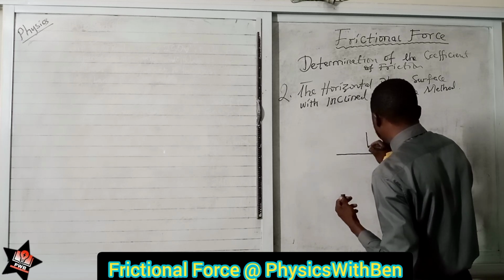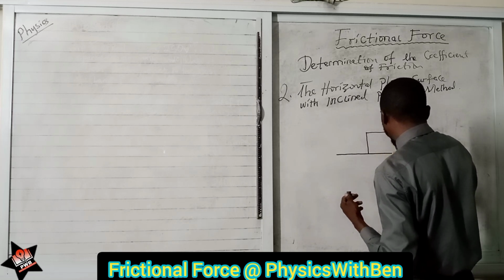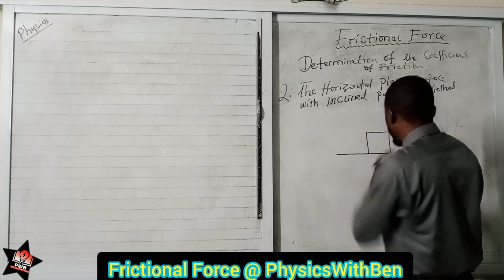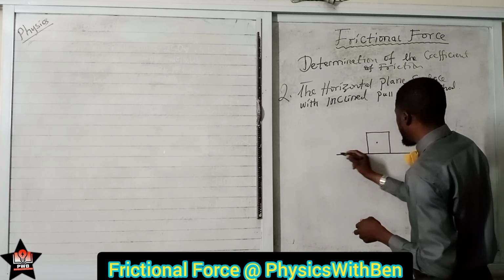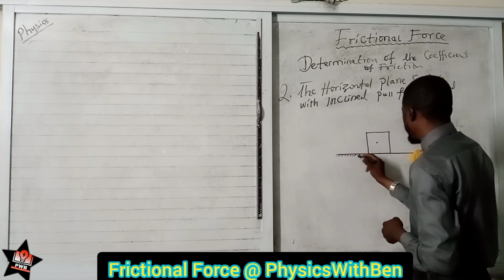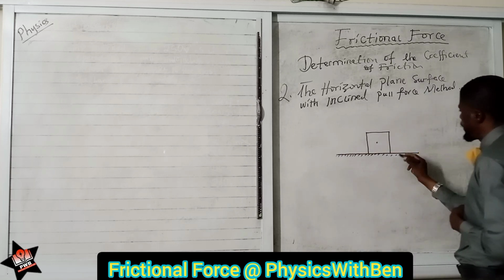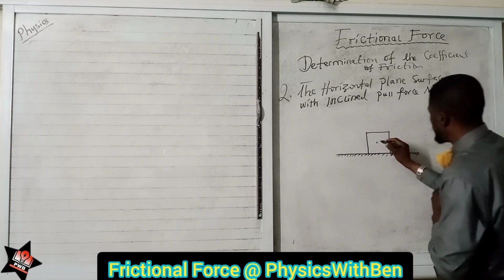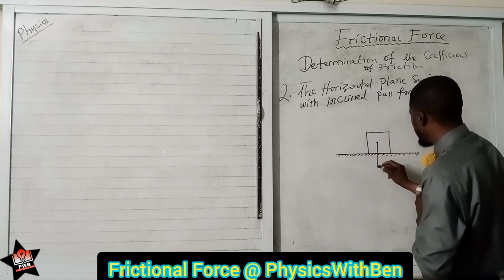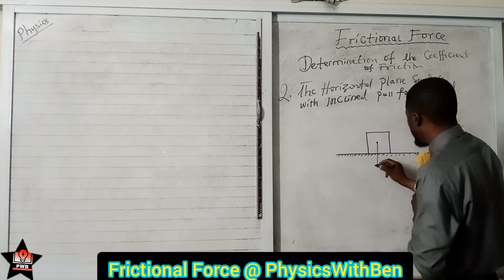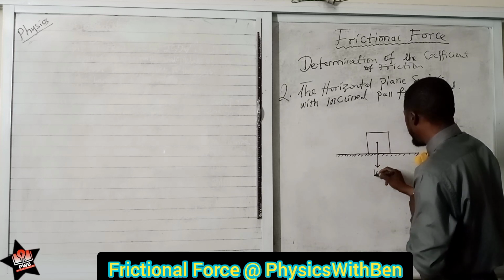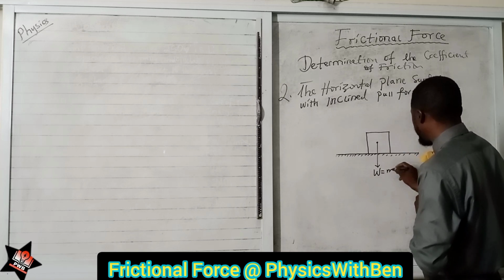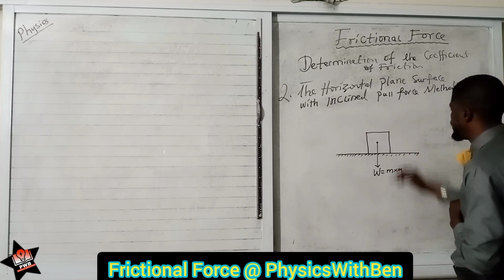And then the object is resting on this surface. This is the mass, and this is the surface. So the weight is down. W is equal to mass times gravity.